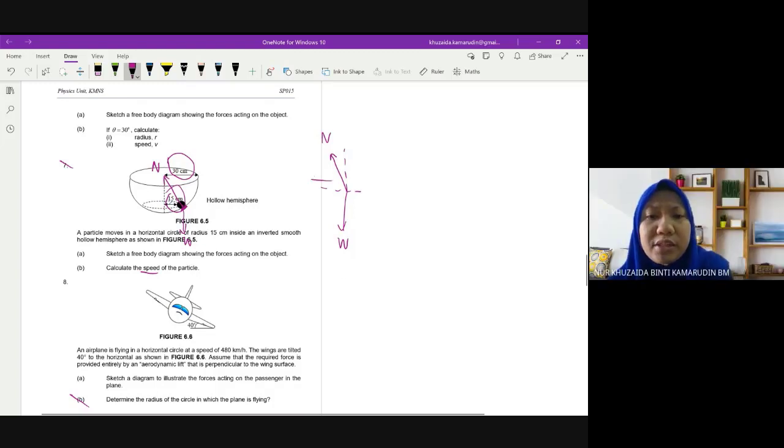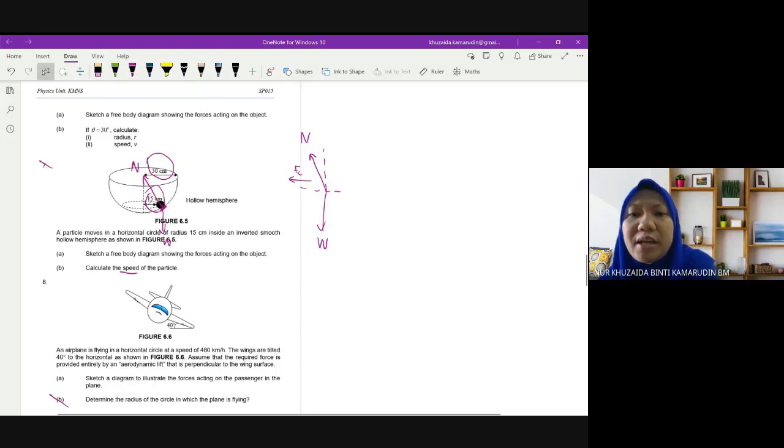So you have centripetal force in this direction, or ac or Fc, you boleh tulis. Perhatikan saya tak letakkan anak panah tu dalam paksi, because centripetal force is provided by other force. Yang tu yang kita kena tentukan. So now we start with Fc equals mv square over r.